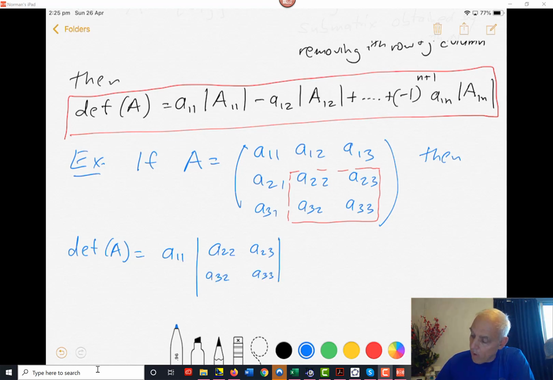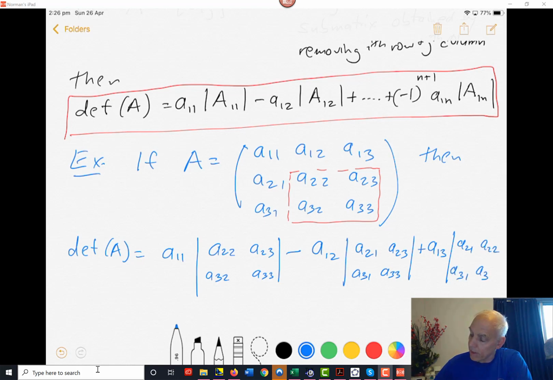Then minus a_12 times the submatrix obtained by eliminating the row and column through a_12, and that's the matrix a_21, a_23, a_31, a_33. And then finally plus a_13 times the 2 by 2 matrix a_21, a_22, a_31, and a_32.